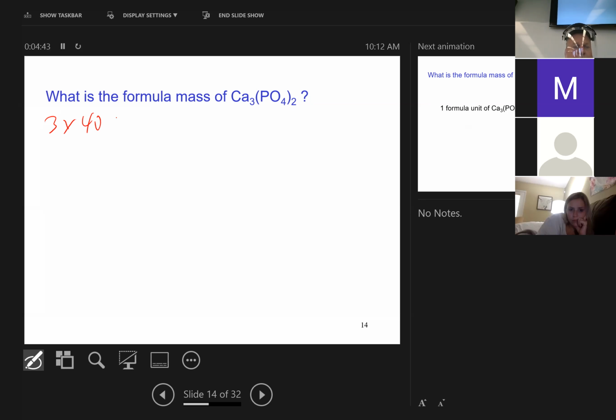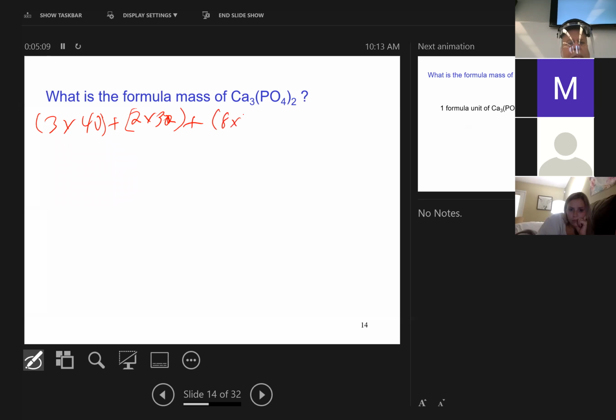Phosphorus. So you put these in parentheses. Phosphorus, how many do you have of those? 2. You have to include the ones on the other side. So you look for phosphorus up there, about 32. So essentially you have 2 times 32. How many oxygens do you have? 8.